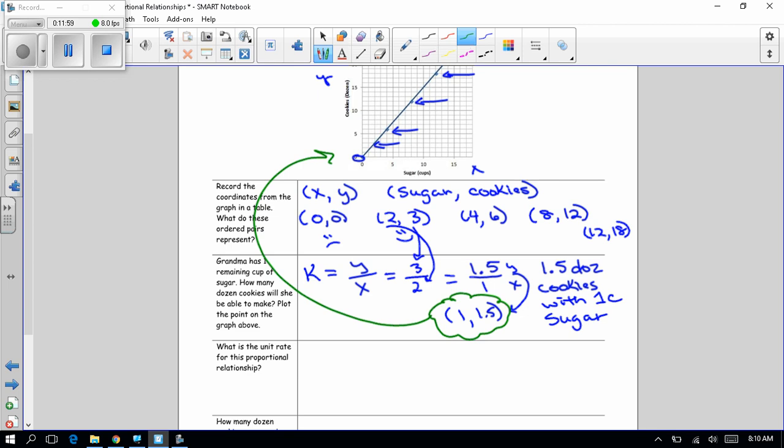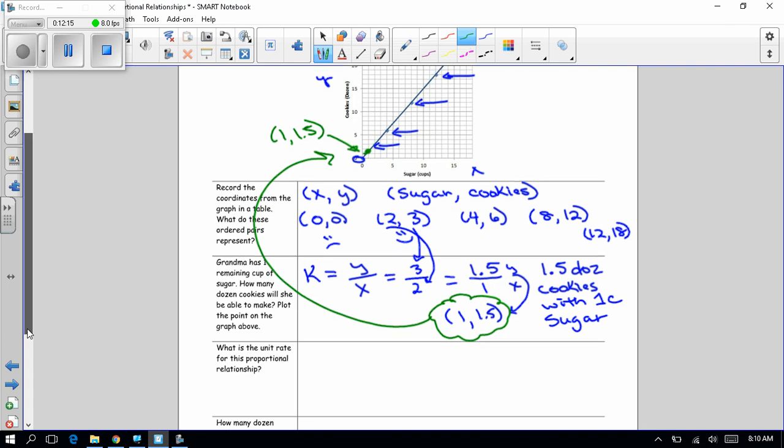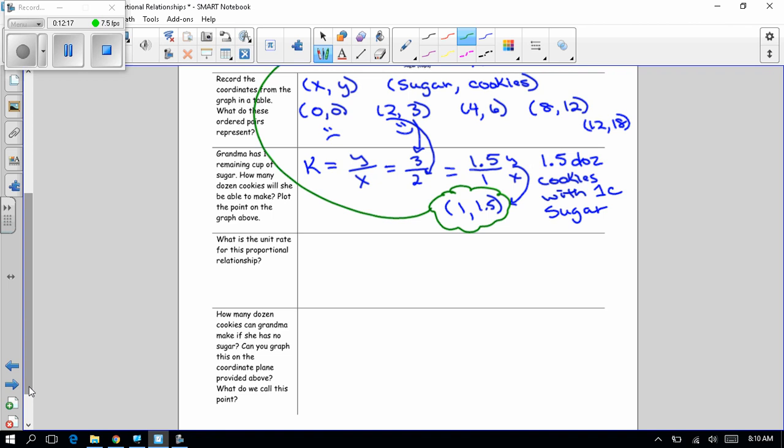So if I go over 1 to the right, up 1.5, is that point right there? Right, that's the point 1, 1.5. It is on the line. So what is the unit rate? Well, I just found it a minute ago. It was right here. So it's 1.5 over 1. Kind of already did that problem, so we'll just take it from above.